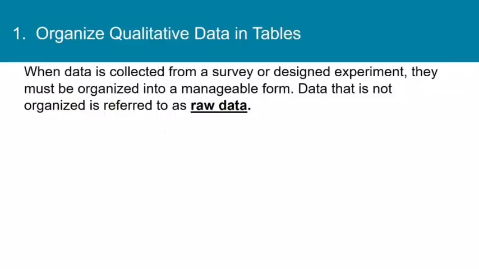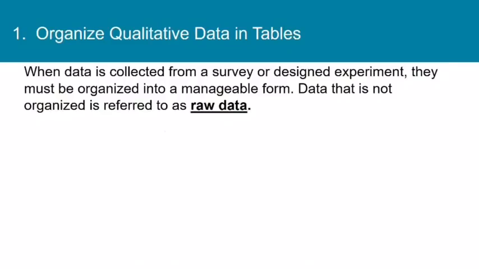Okay, now in chapter 1 we talked about how to collect data from observational studies or surveys or designed experiments. And after you collect the data, you have to organize it into some manageable form so you can get information from it. Data that is not organized yet is referred to as raw data, and what it looks like to us is just a list of numbers.